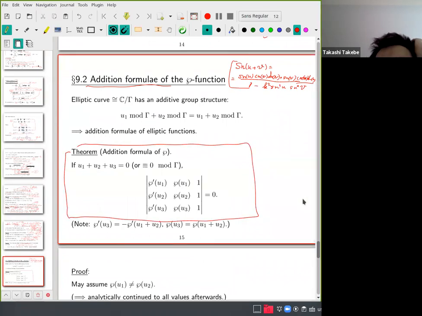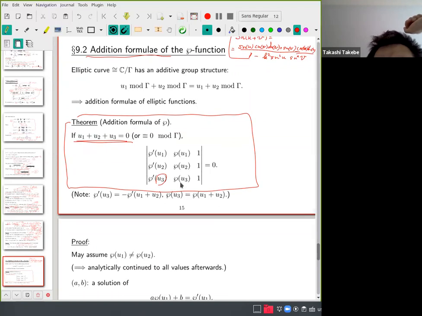Of course, you might complain, well, yeah. Here, U3 is related to U1, U2, like this. So by the parity of this P function, this is P prime of U1 plus U2.